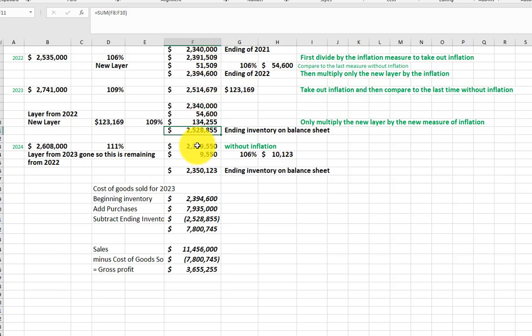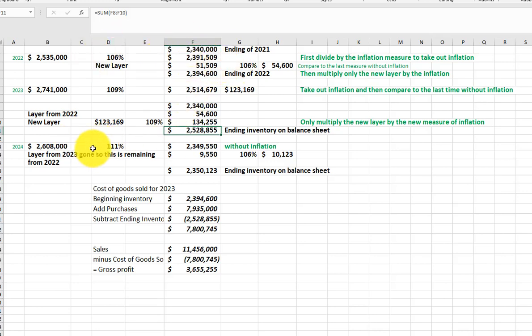So if you compare it to the very beginning, we only have this very small layer left of 95,550. That's compared to the beginning, clear back at the end of 2021, our reference point. Okay? So it came out with inflation, and we see how low that was. So that layer that's left is only 95,550, and it's a 2022 layer.